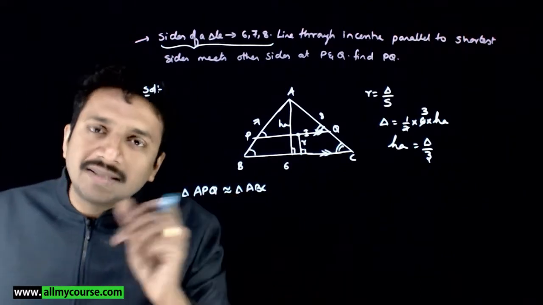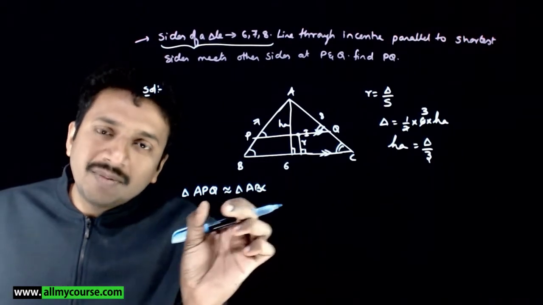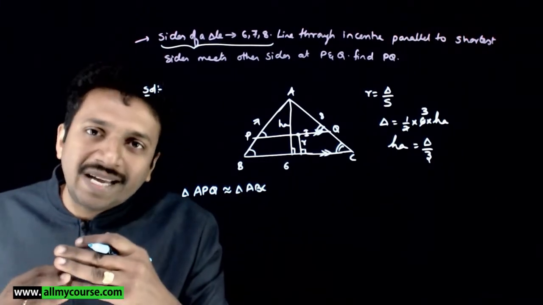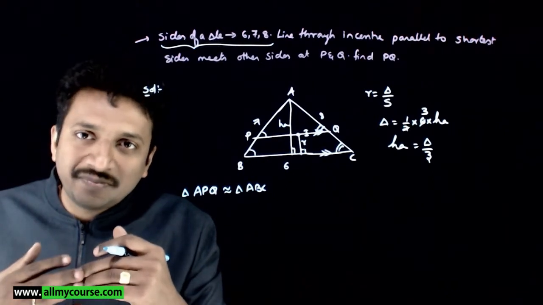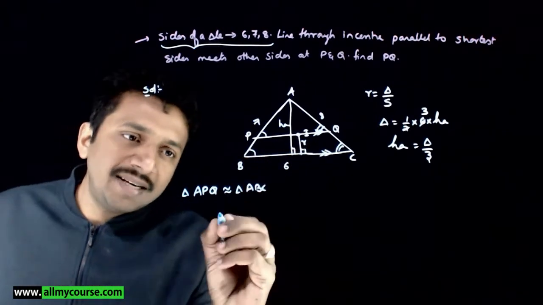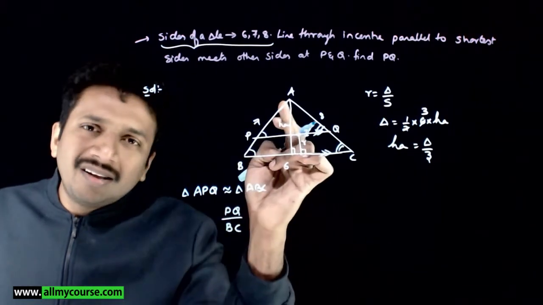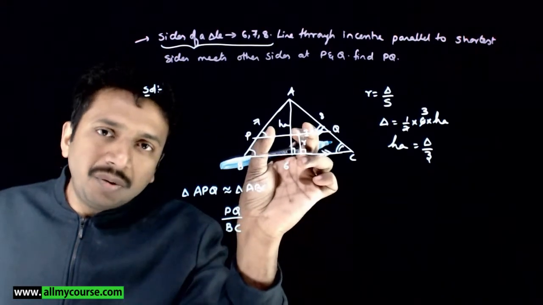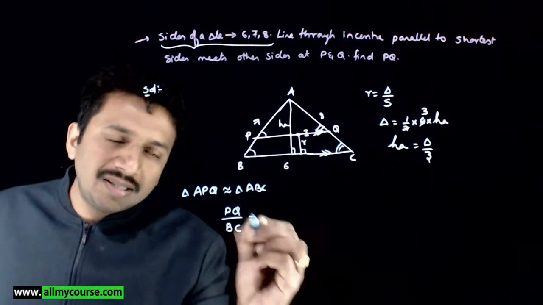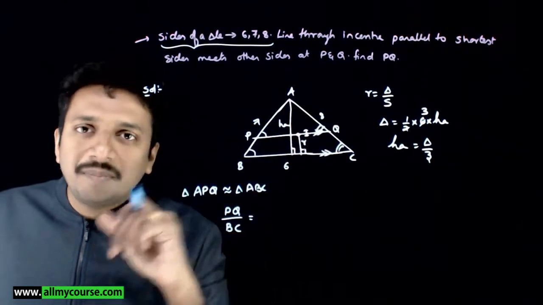Hence these two triangles are similar. Once they are similar, the ratio of their sides is the same as the ratio of their heights. So PQ by BC is the same as the height of this small triangle by the height of this big triangle.